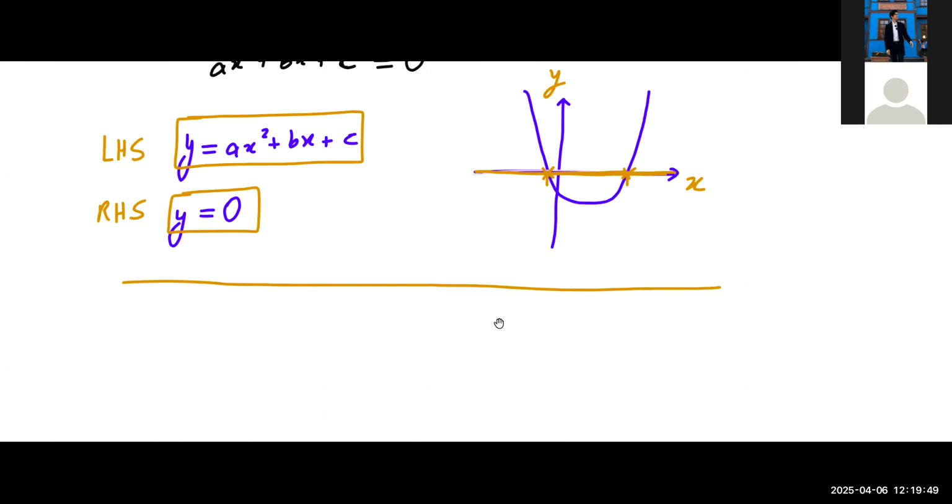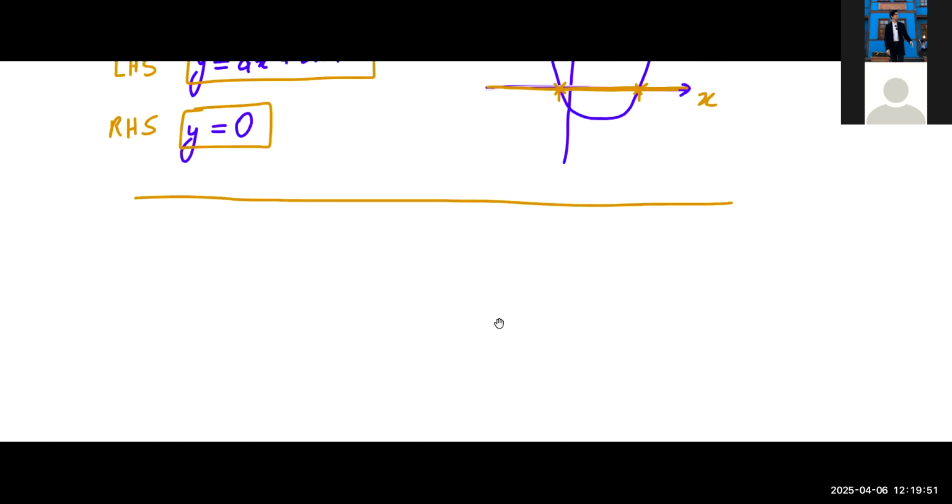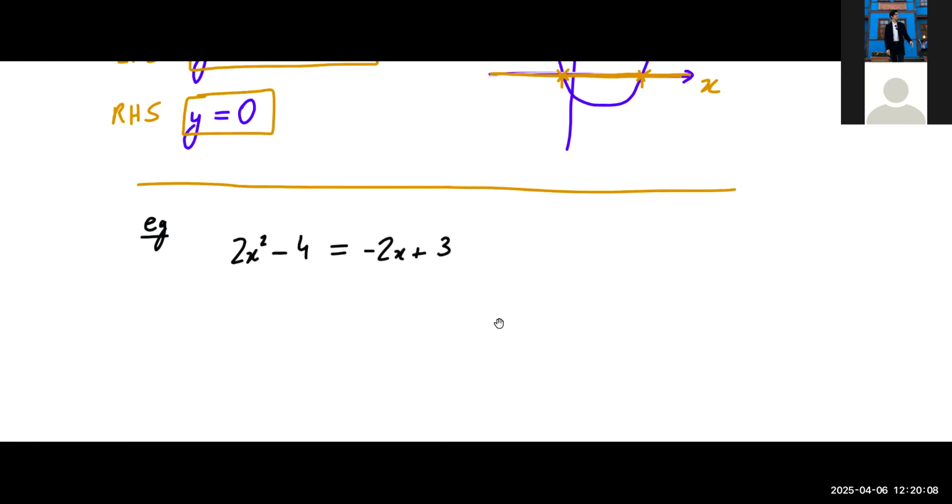For example, if you have 2x squared minus 4, sorry, equals minus 2x plus 3. Okay. Now this equation you can actually also solve using the same method.